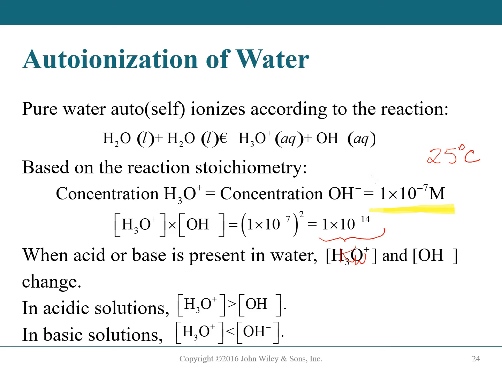Okay? What happens though is when I have an acidic solution, my hydronium ion concentration is greater than my hydroxide. When it's basic, my hydroxide is greater than hydronium ion. Remember, those two concentrations, whenever you multiply them together, have to equal 1 times 10 to the minus 14.